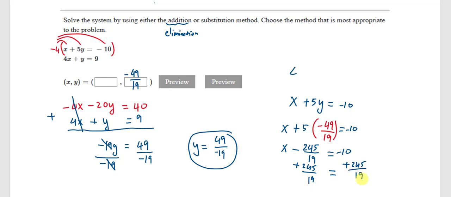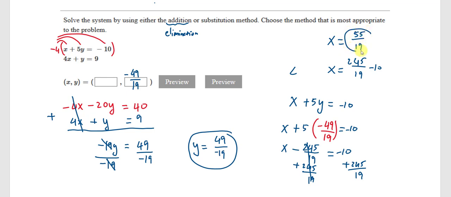I have to add that because I want to solve for x on the left side. So this is gone. So x is equal to 245 over 19 minus 10 on the right side. And if you do the subtraction, 245 over 19 minus 10, the answer for x should be 55 over 19.